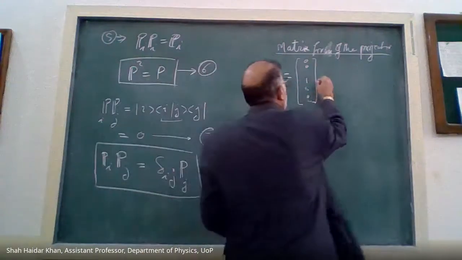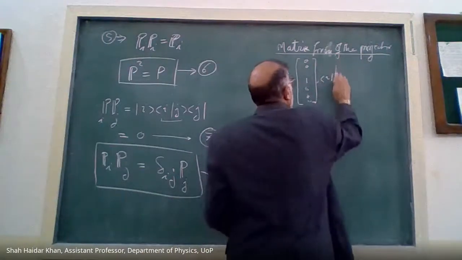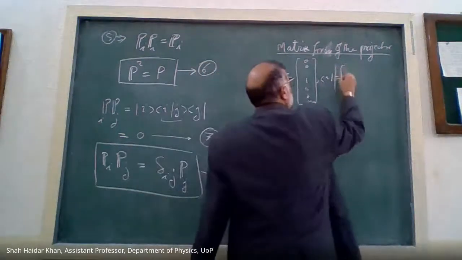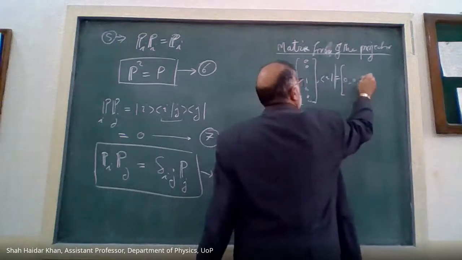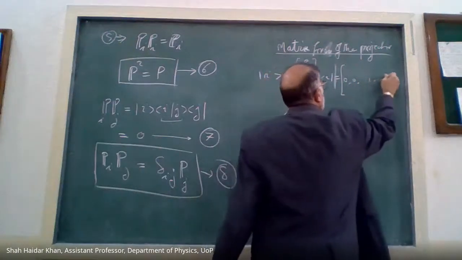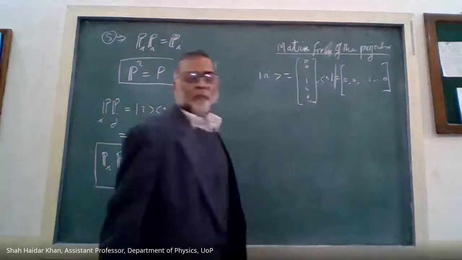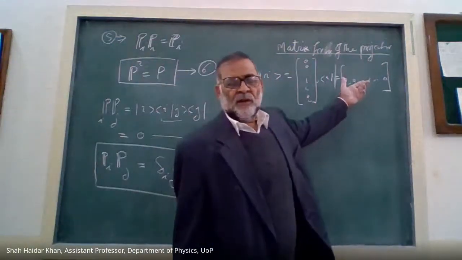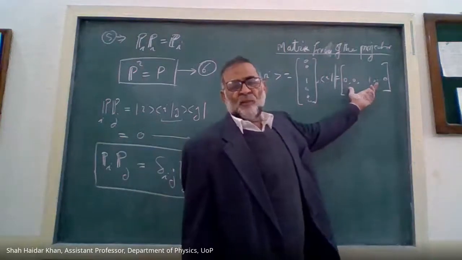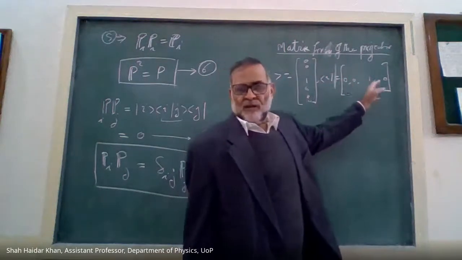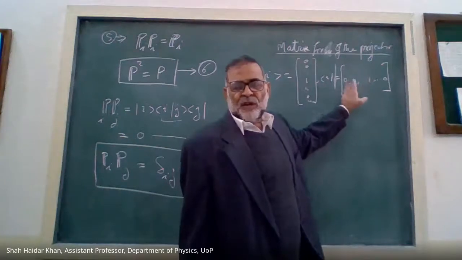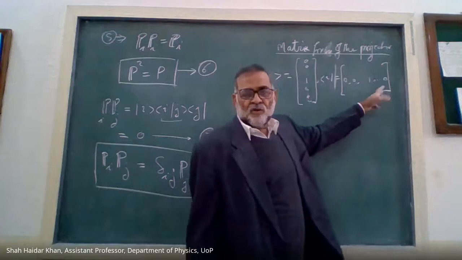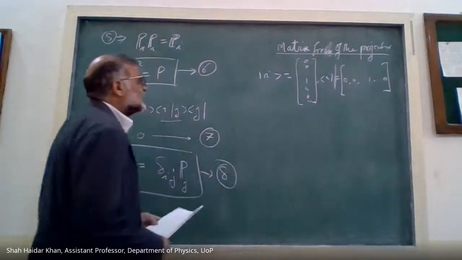Similarly, a bra i will be 0, 0, 1, and 0 in n dimension. Your book represents the row matrix by putting commas in it. Generally, rows do not have commas, but he puts it like this in the row vector, so I am putting it here as well.